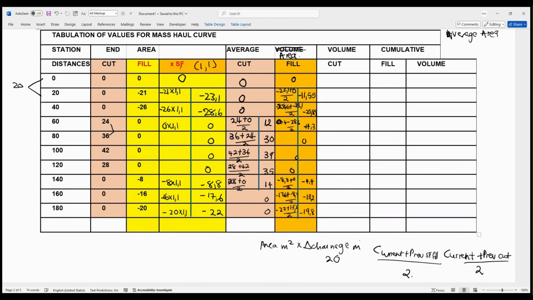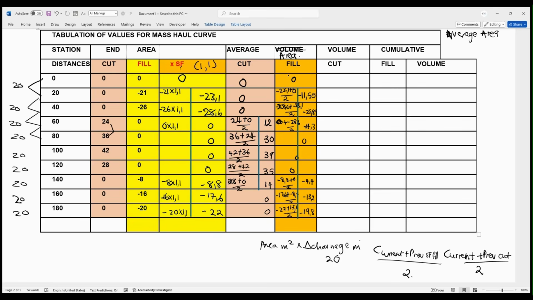It was 20, 20 here, here to here, 20, 20, 20. Sometimes it can be 10, so it means you need to multiply by that 10. But here, all of it is 20.